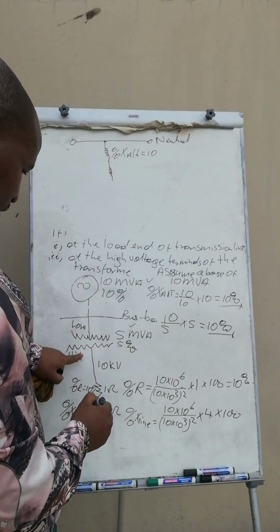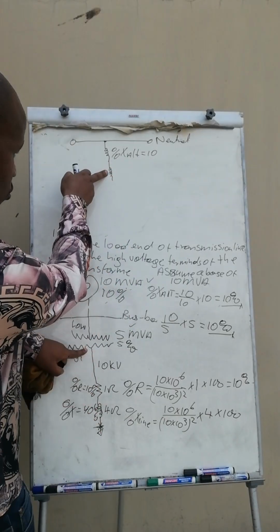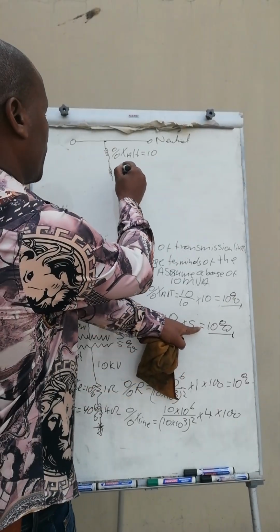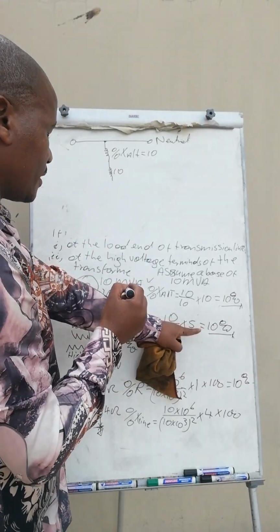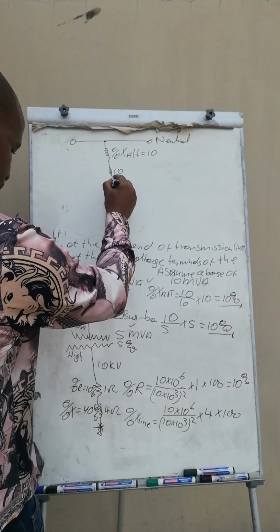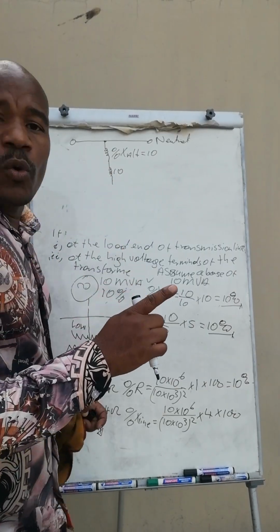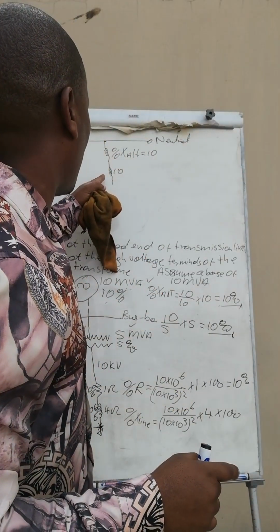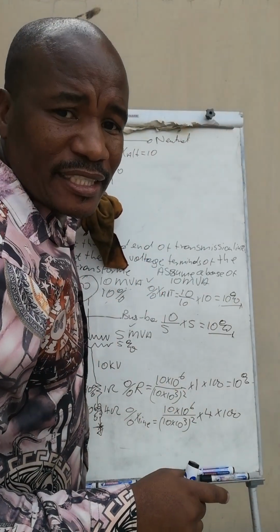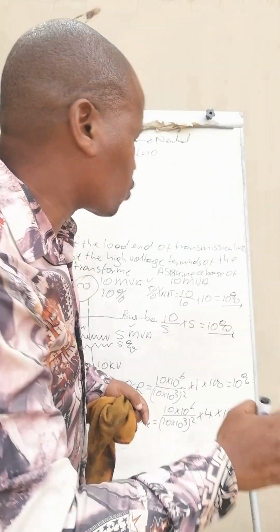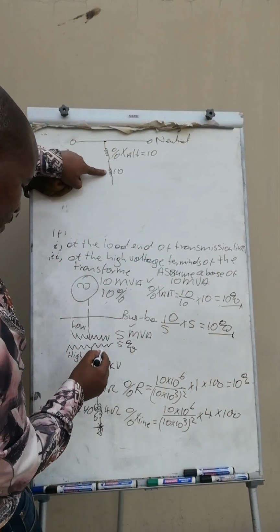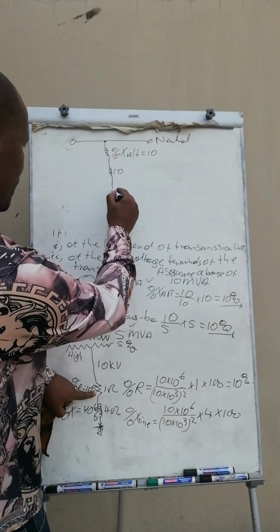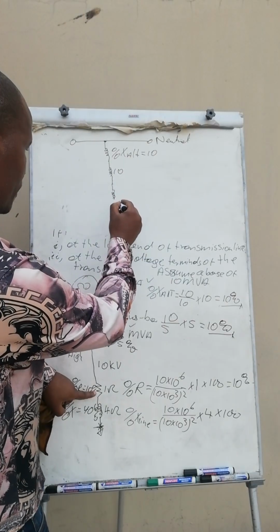Percentage reactance of the transformer. This one. And it is also equal to 10. Right? Okay. You were told that on the high voltage side of the transformer there's a fault, but don't worry about that for now. You are here, and then there is the percentage resistance, percentage reactance.